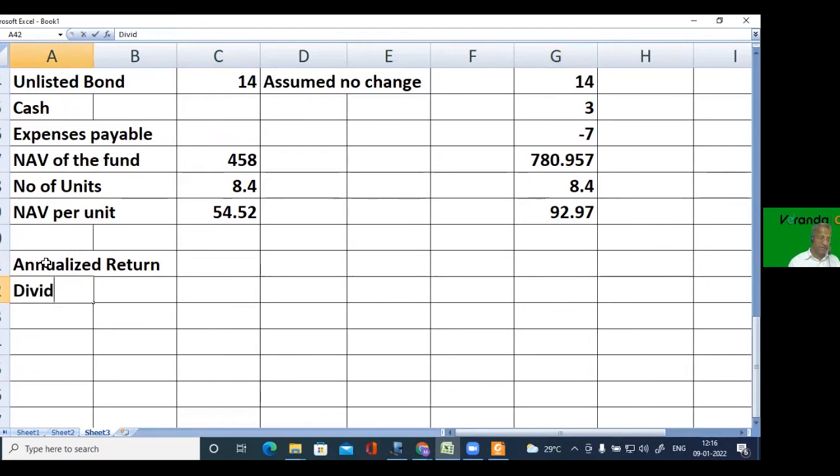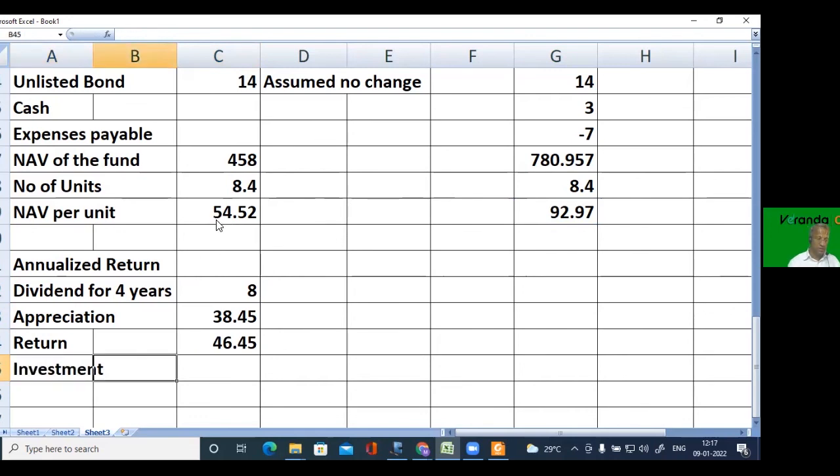So dividend for 4 years: 4 into 2, 8. Appreciation is this minus this. So return is the sum of these two.